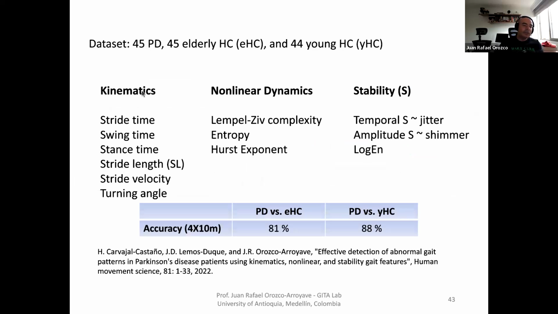And then we created signals to analyze the kinematics of the time series, but also nonlinear dynamics, as in the case of handwriting, and also stability, trying to mimic what we observe in speech or voice. When you do sustained phonations, you measure temporal stability as jitter and amplitude stability as shimmer. Then we tried to measure the same or similar, and we also found results above 80%.